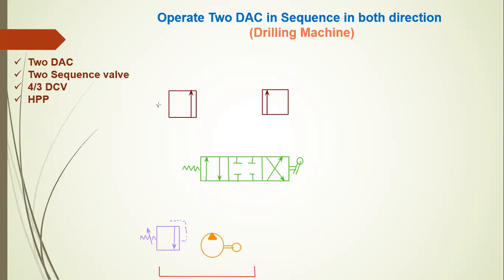One side is given as operated by spring. Both valves are operated by spring. It means we can vary the pressure limit as per the user's requirement. This arrow direction mentions that the valve is in a variable condition.